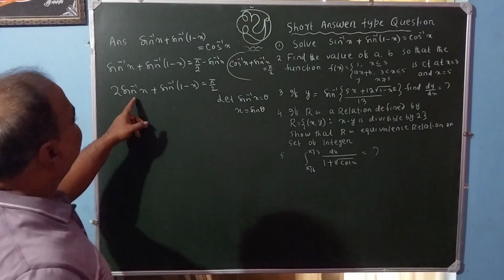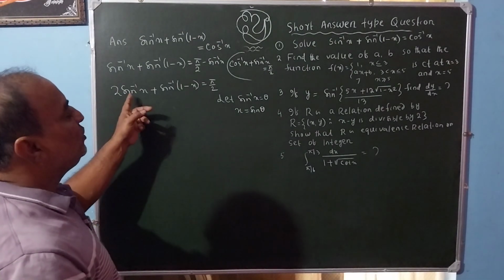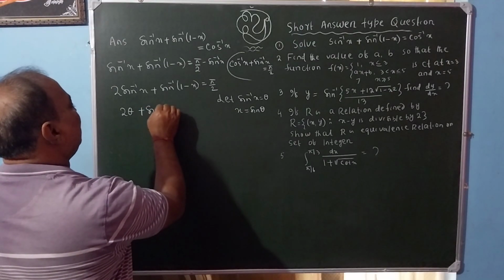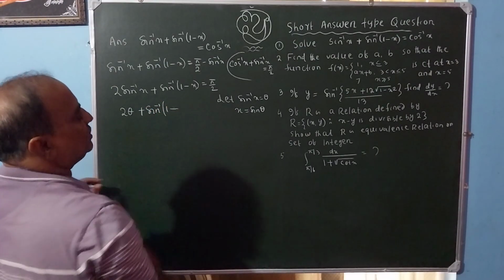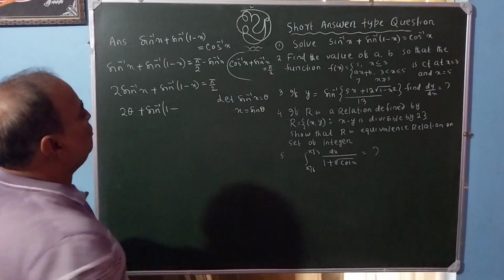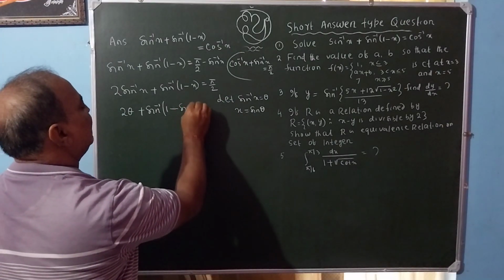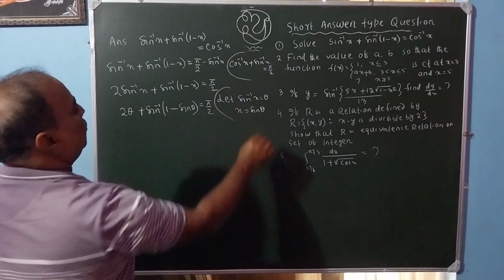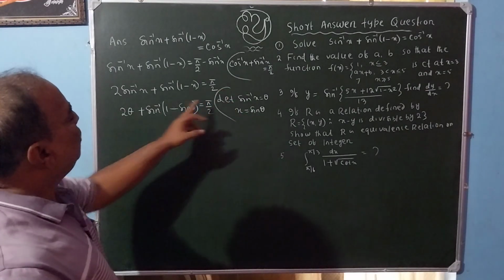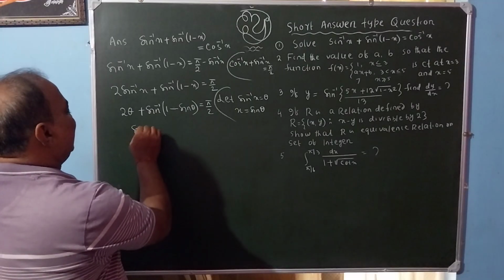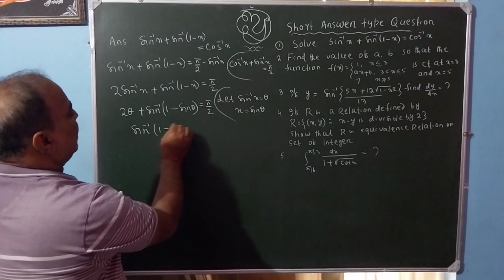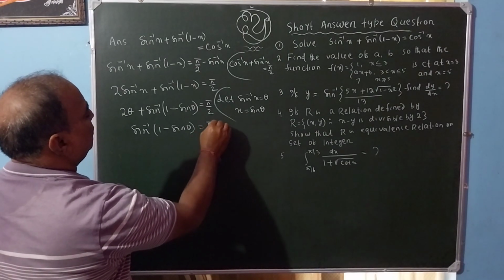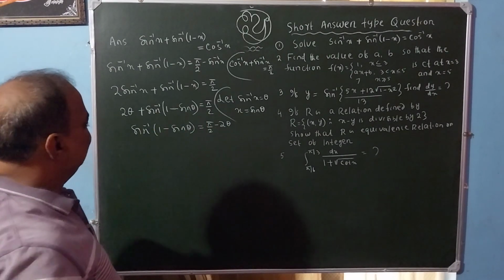Now putting theta in place of sin inverse x, we get 2 theta plus sin inverse of (1 minus sin theta), putting sin theta in place of x, is equal to pi by 2. So 2 theta goes to that side: sin inverse (1 minus sin theta) is equal to pi by 2 minus 2 theta.